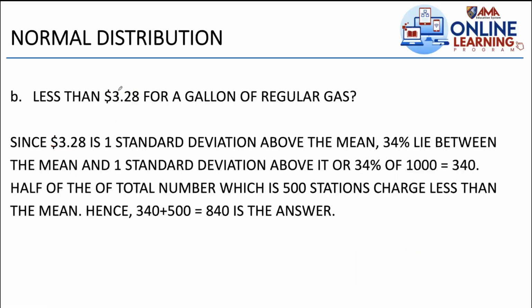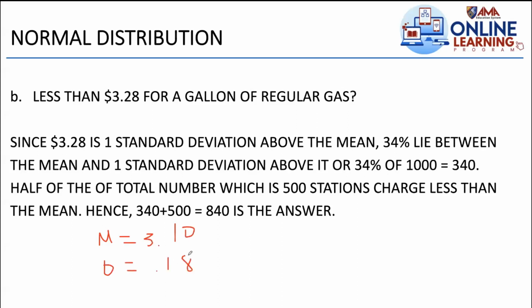Next problem. This one is less than 3.28. But what is 3.28? As mentioned here, 3.28 is 1 standard deviation above the mean. Because again, what's the mean? The mean is 3.10, right? And the standard deviation is 0.18.